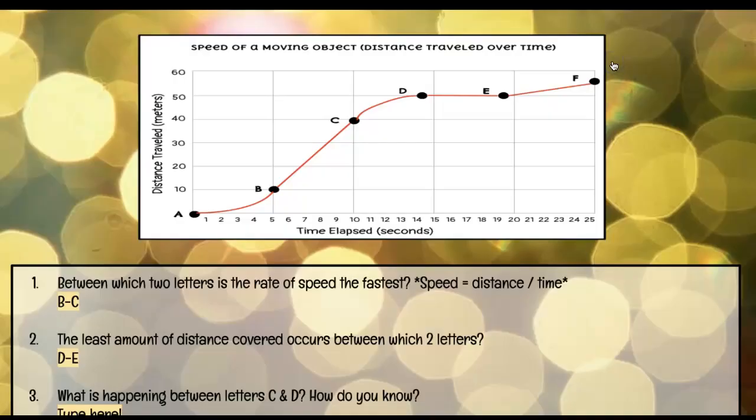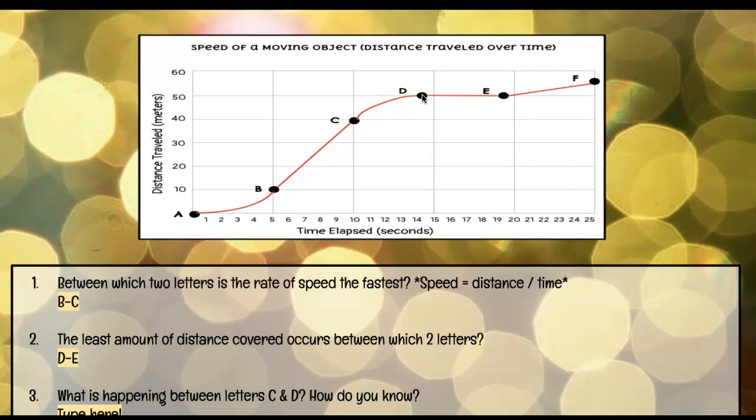And then, what is happening between C and D, and how do you know this? Looking at the graph, we have C and D here. Anytime we see a curve, like from A to B here, whether the curve goes up or the curve starts to flatten, it's a form of acceleration. It could be positive acceleration and speeding up, like we see here in A to B. The object started out kind of slow and then sped up. Or you can have the opposite and have the object slowing down, which is called negative acceleration or deceleration.